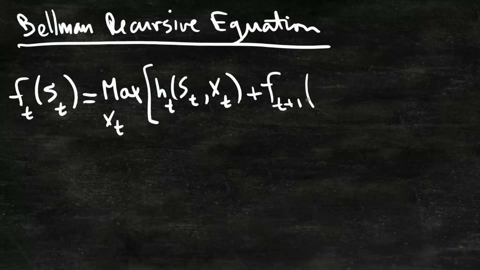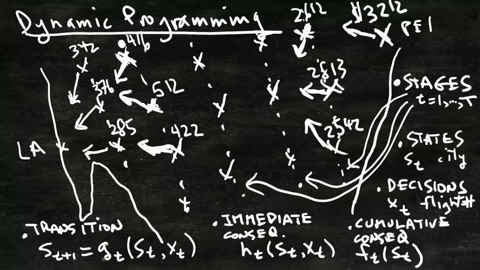Now, f t plus 1 will be a function of s t plus 1, right? But this is a little frustrating because I don't know what s t plus 1 is. So if I look back at the transition relationship, I know what s t plus 1 is.